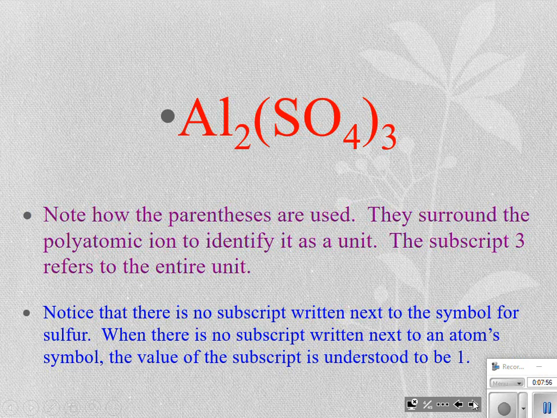If nothing is next to the atom, it's understood that it's a 1. So as we go back through and double check, how many atoms of aluminum? 2. How many atoms of sulfur? 3. How many atoms of oxygen? 12.